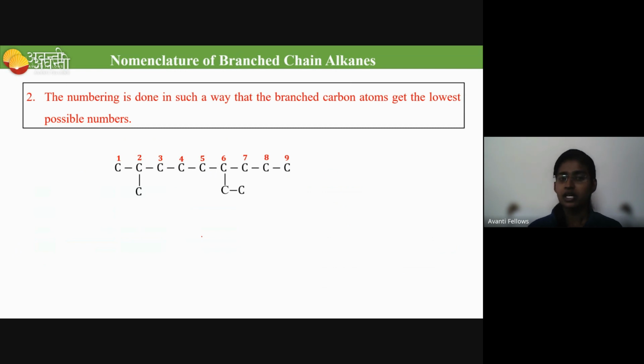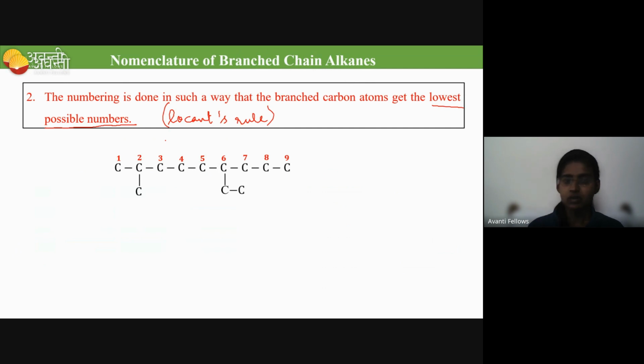The numbering is done in such a way that the branched carbon atoms get the lowest possible number, and this is called the locant rule. The lowest possible number is called the locant.